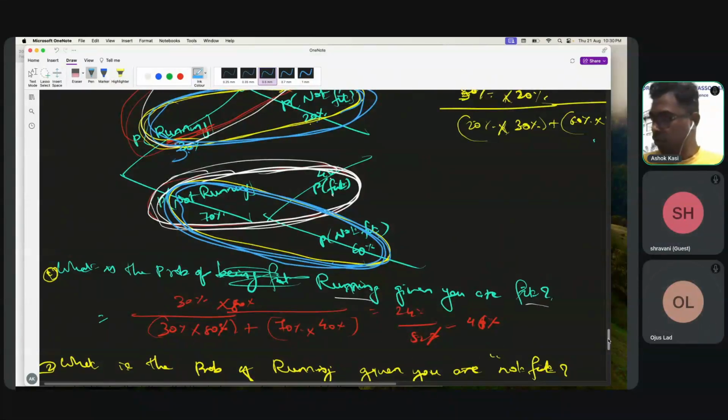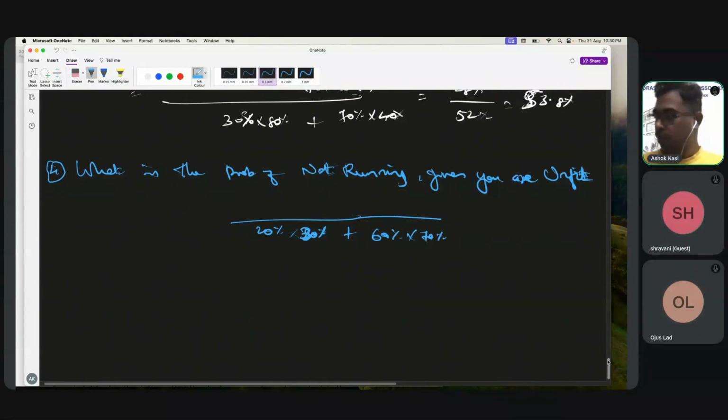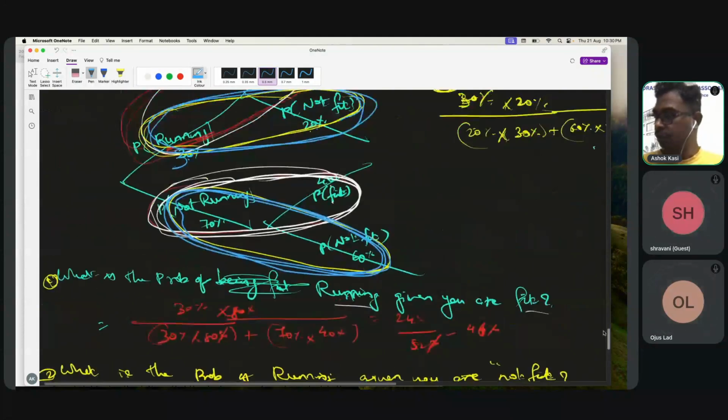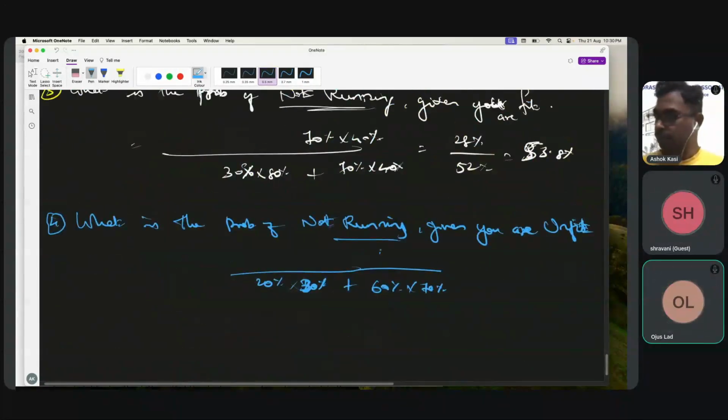The numerator will be 60 into 70 only, since not running is this one, 60 into 70.